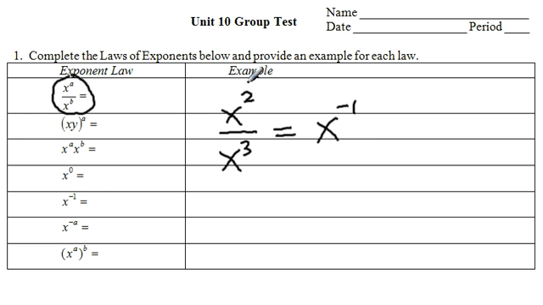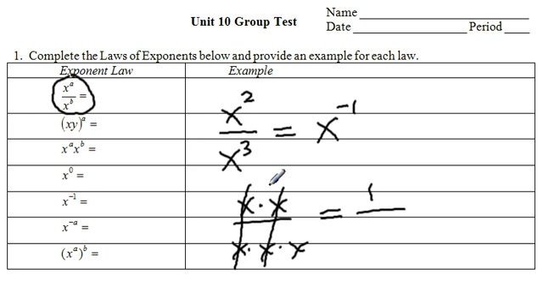Now if we take this problem over here and simplify it, x squared means x times x. X cubed is x times x times x. And if we cancel, these would cancel out. Those would cancel out. Look what's left over. You have 1 x in the denominator. So 1's are left over in the numerator. When things cancel, remember it leaves behind 1's.